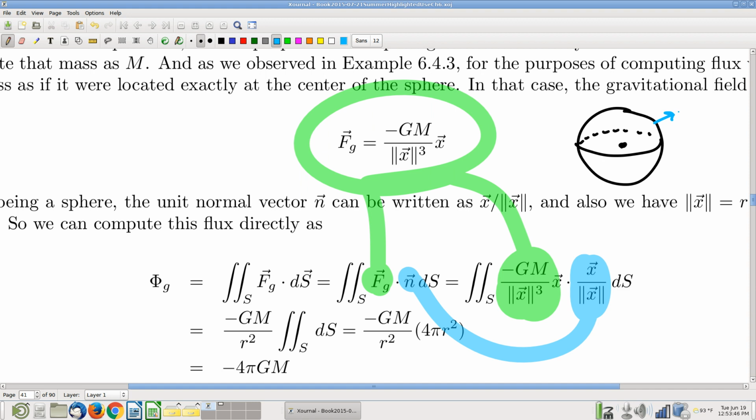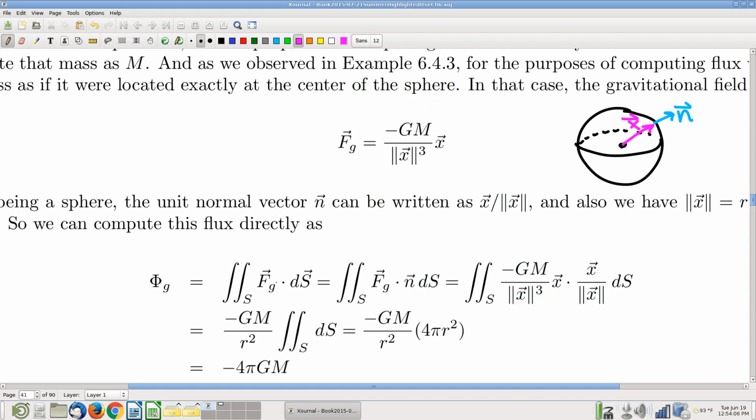The normal vector is just the unit vector pointing in the direction of the position vector x. So, little n is x divided by magnitude of x.